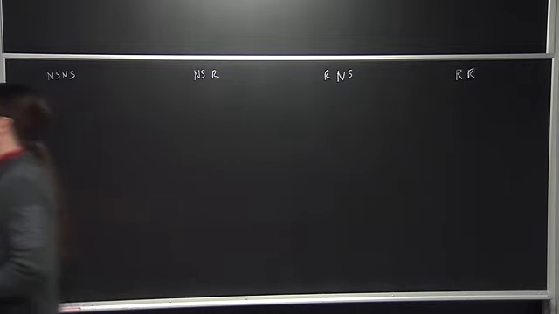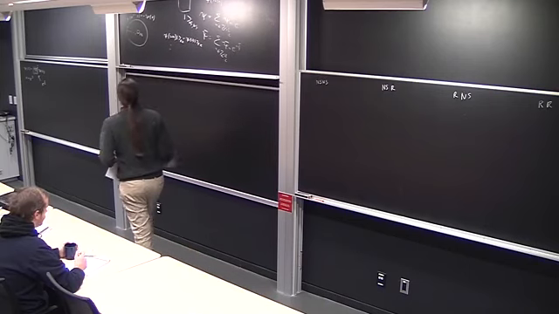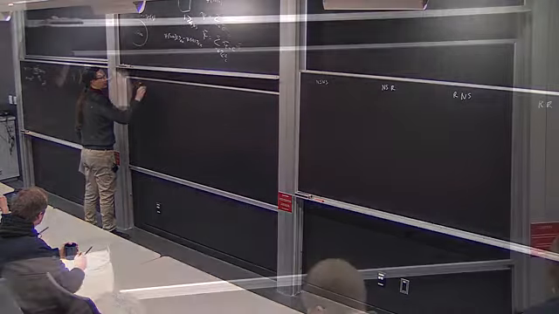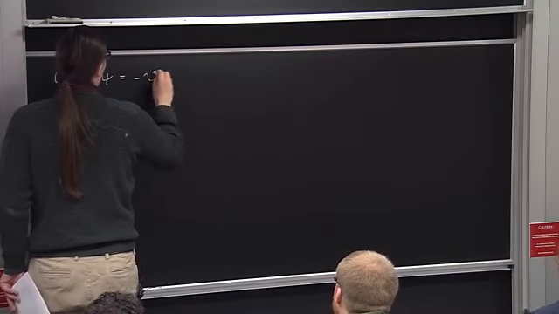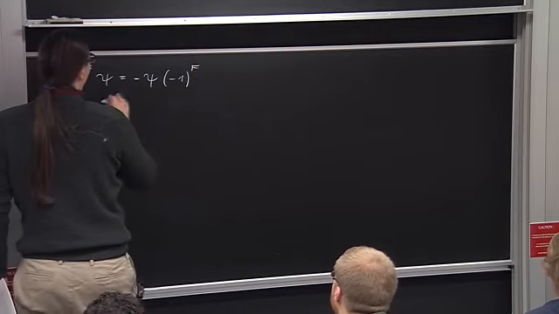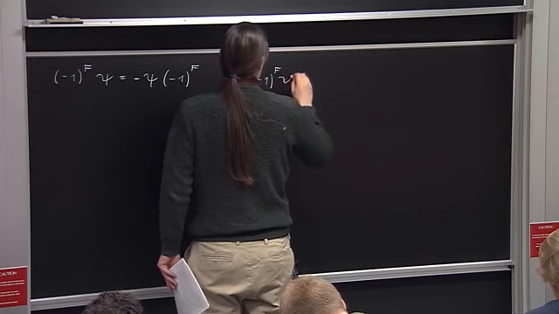So it's convenient to define some fermion number operators, which anti-commute with psi but commute with psi bar.